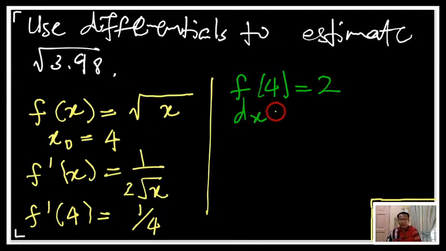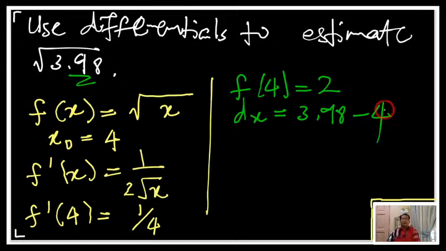Your dx is 3.98, the value, minus 4, which is x0. So you get minus 0.02.